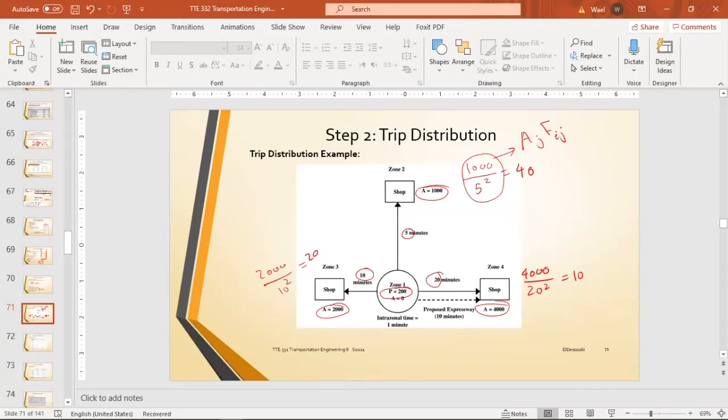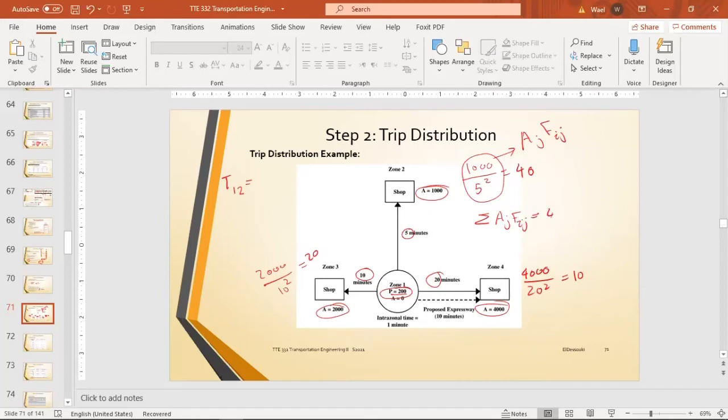Correct. Okay. So now we need to calculate the distribution of those 200 trips. First, we need to calculate the summation of AjFij.